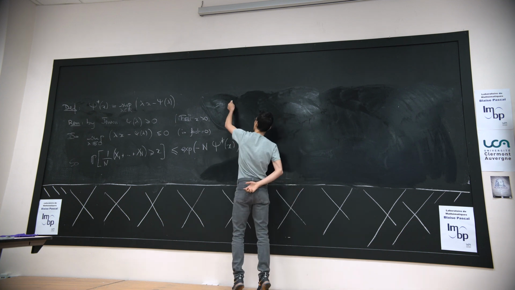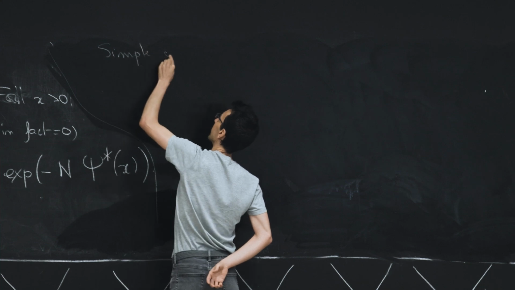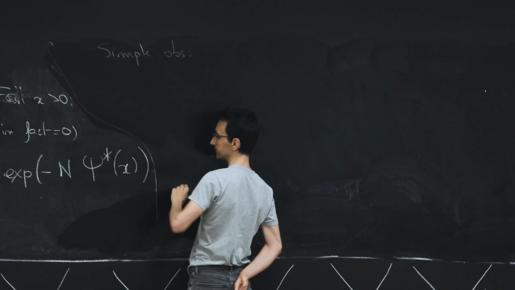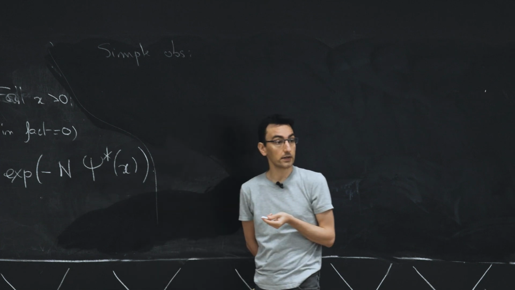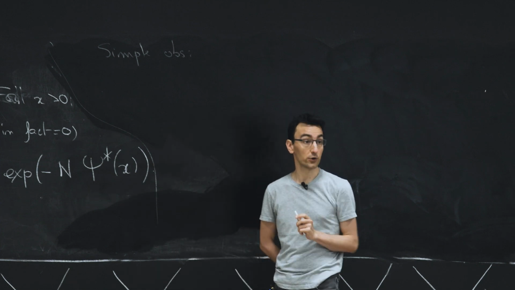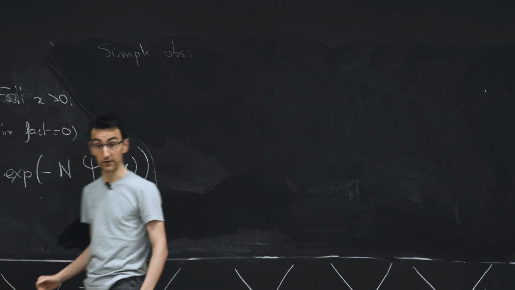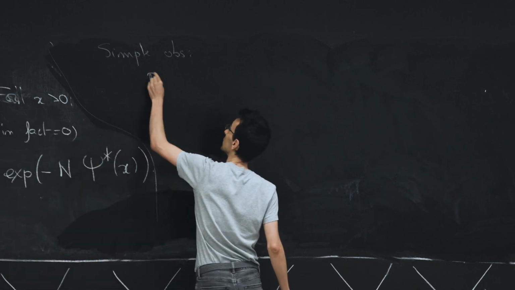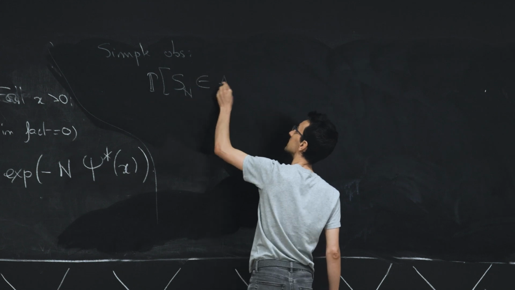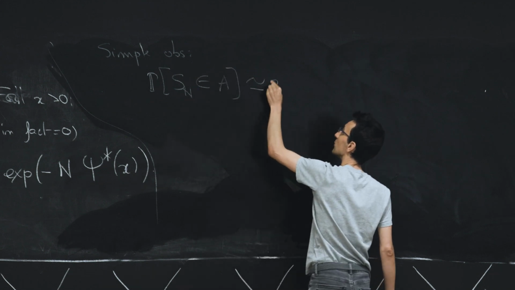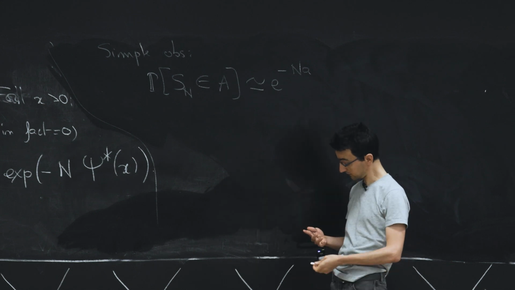So, a simple observation: if you're looking at a family of random variables Sn, think of Sn as maybe being this normalized sum as an example, and you know that the probability that Sn belongs to some set A behaves roughly like exponential of minus n times little a.